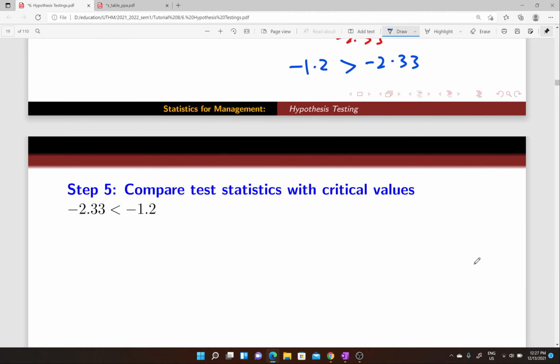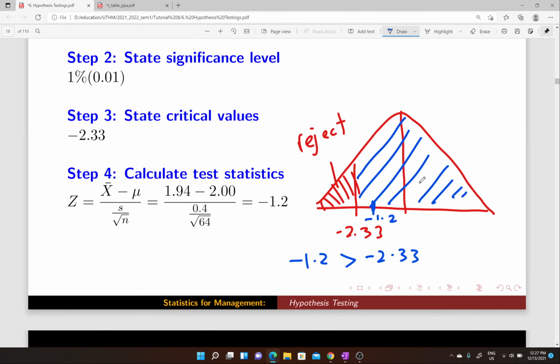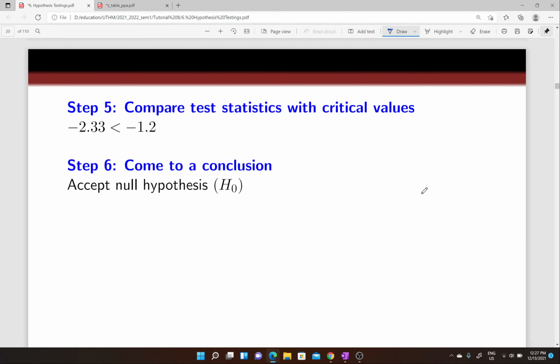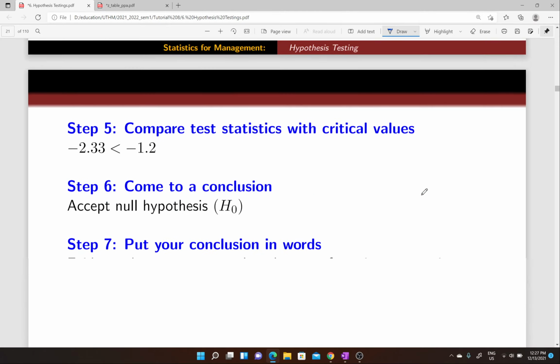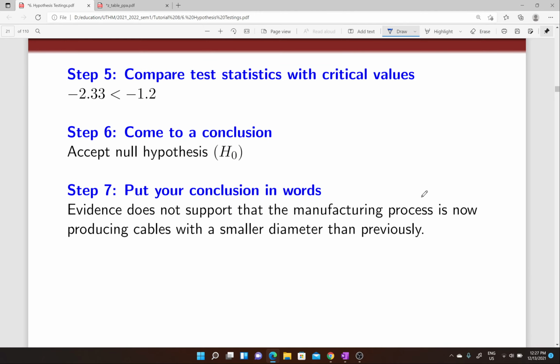Now once you compare, we know it is in the acceptance area, so we accept the null hypothesis and we write the conclusion. Evidence does not support the manufacturing process is now producing cable with smaller diameter.